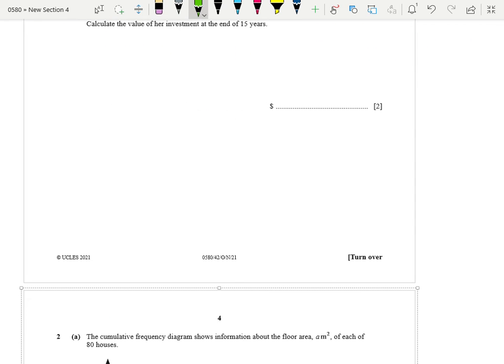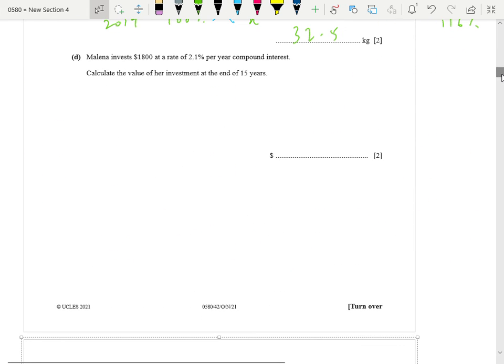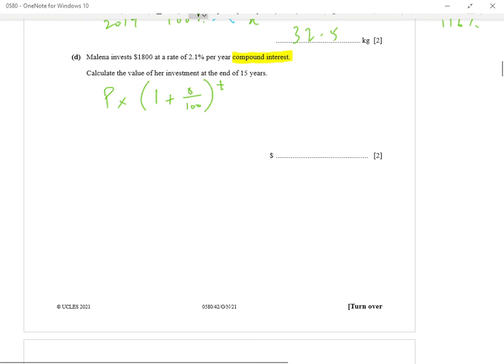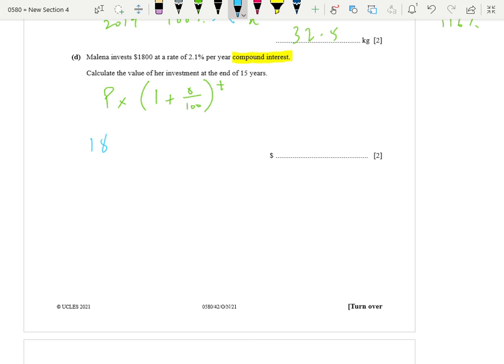Now you have this question about interest, and this is compound interest to be precise, not simple interest. The formula for compound interest is principal times 1 plus r over 100, raised to the power of t. The principal here is 1800. So 1800 times 1 plus r, r is 2.1, and the time is 15 years.